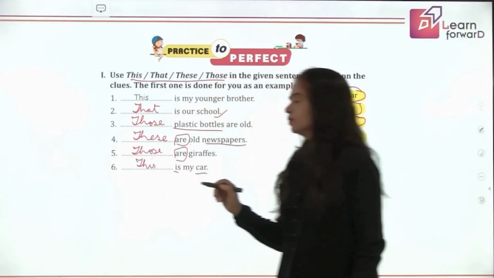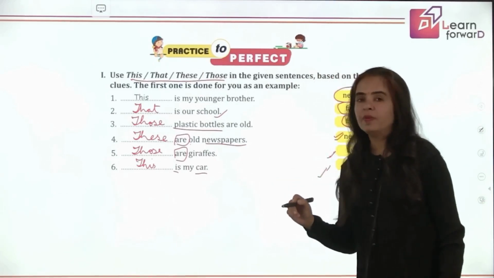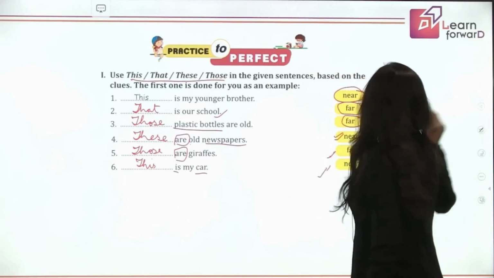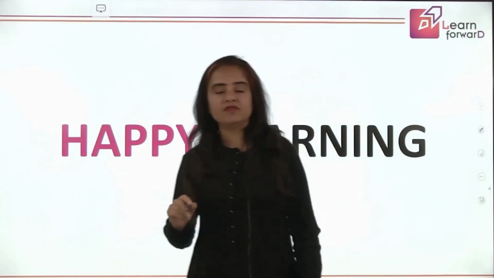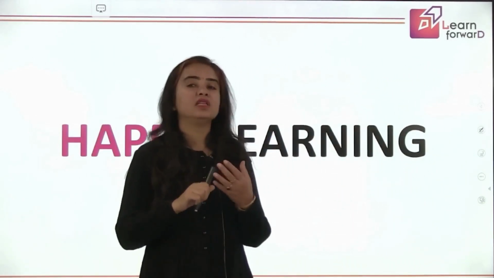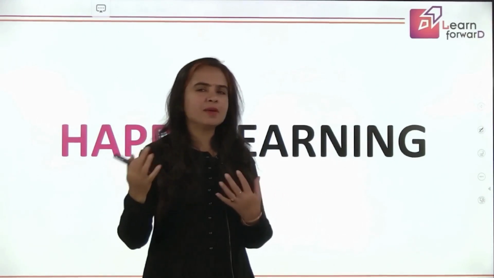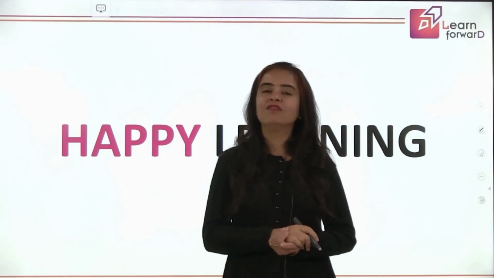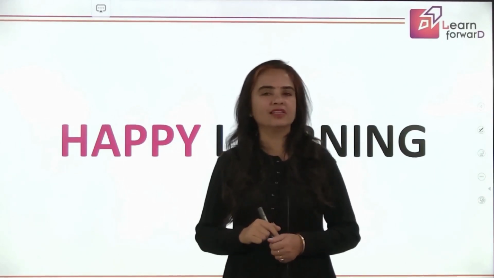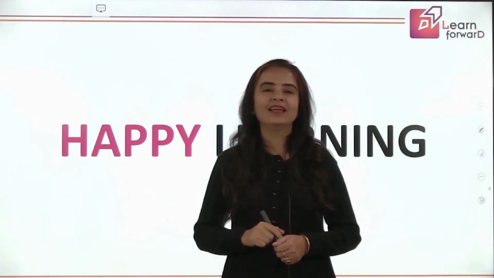Very good. So, is that easy? I hope everybody has understood. So, that was about the 4 pointers we have learned. This, that, these, those. So, you can just keep practicing them by looking around at the things, and we'll be coming with more sessions on English grammar ahead. Till then, happy learning.